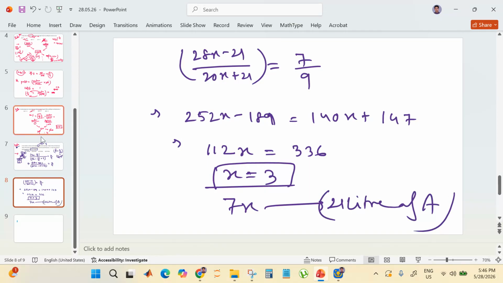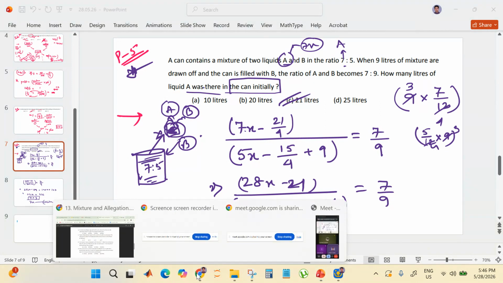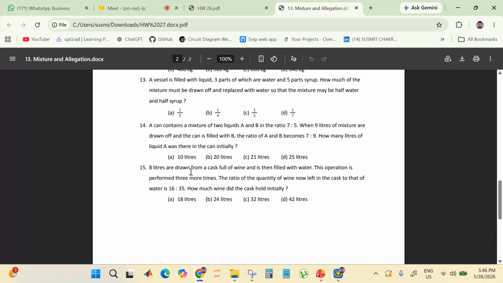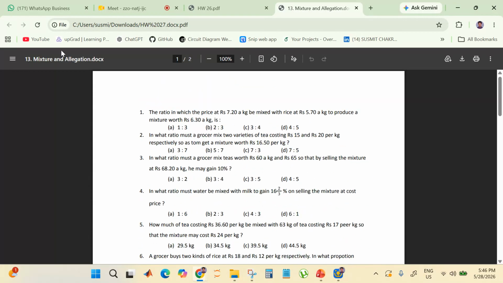Okay, so 21, C answer will be the correct one. Okay, so this is question number 5 for today. That means question number 14 I have completed, and the remaining few questions will be taken as homework number 27.